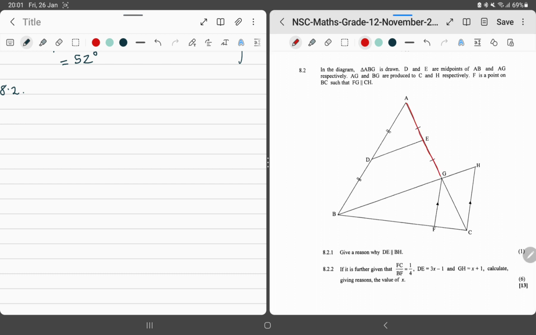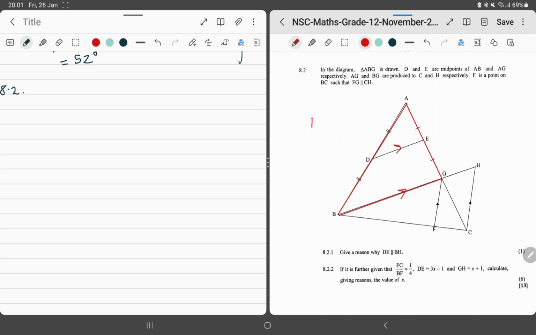In this triangle, DE joins the midpoints. So it joins AD and DB, AE, and EG. So this line is parallel to that line because of the midpoint theorem.